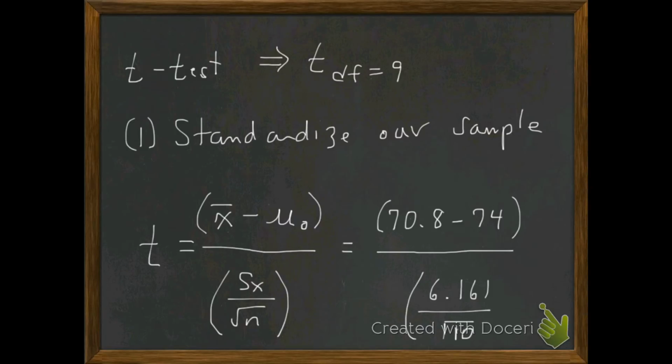Down at the bottom, for some reason it doesn't want to let me write. Okay, so let's grab a calculator. We could do this in R if we needed to, but I think it's going to be just as easy to put this in our calculator.